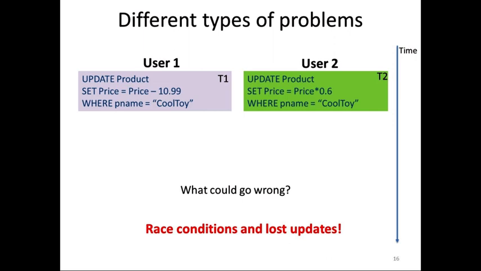Now, if the two transactions execute their operations without concurrency, let's say first of all T1, then T2, the resulting price, if we execute T1 and then T2, will be what exactly? Well, that means, of course, reducing first the price by 10.99 and then reducing it by 40%. And if you do the math, the resulting price would be 5.4.